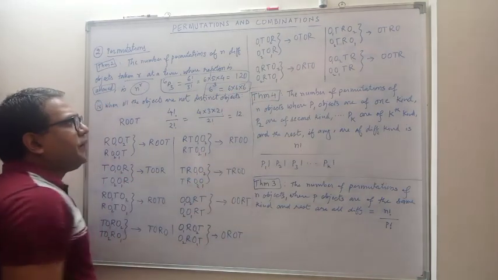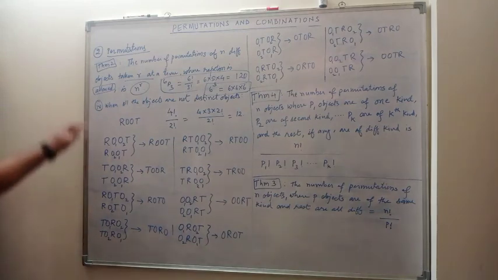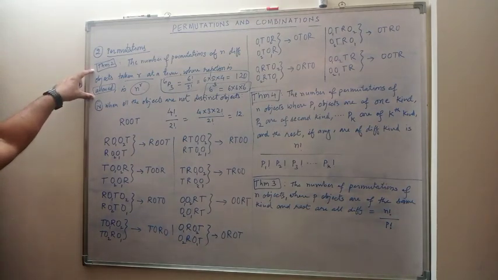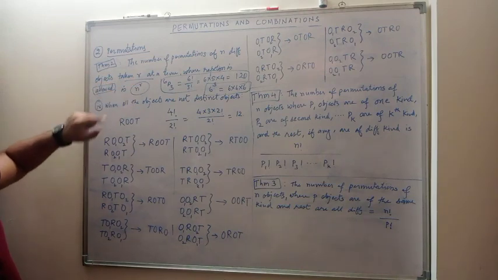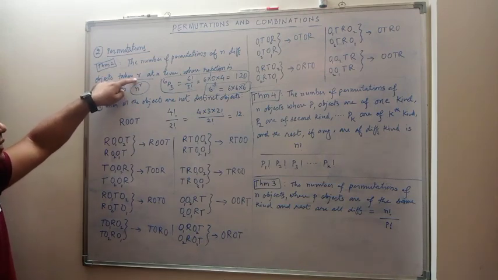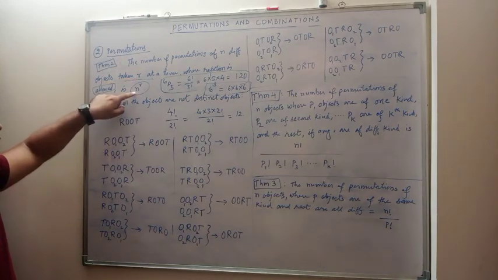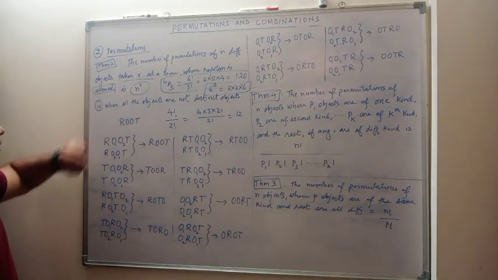Likewise, you can calculate it. The theorem states that if repetition is allowed and out of n different objects we are taking r at a time, then its value is n power r.